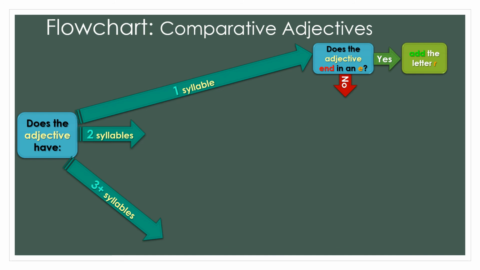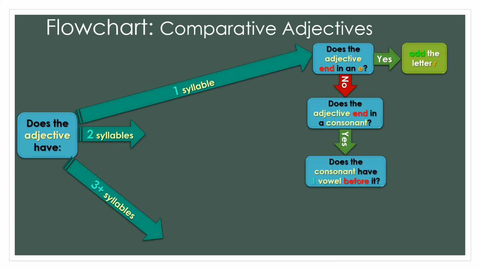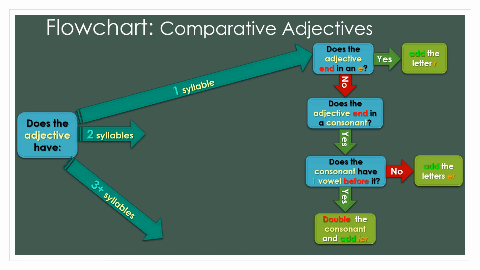No? Ask yourself, does the adjective end in a consonant? Yes? Ask yourself, does the consonant have one vowel before it? No? Just add the letters ER to the end of the adjective. Yes? Double the consonant at the end of the adjective and add the letters ER.